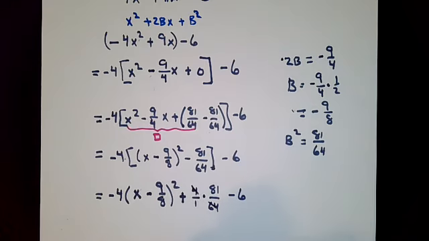So we can reduce those. So this becomes 16 down here. So we have -4 times the quantity x minus 9/8 squared, plus the numerator is 81, the denominator is 16, and now we've got to combine it with this 6/1.